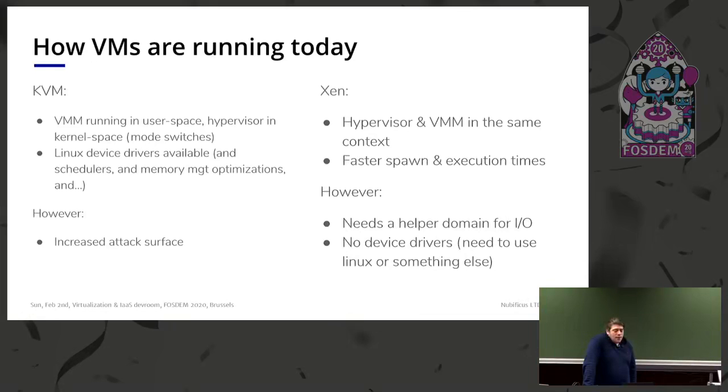On the other hand, Xen has the VMM and the hypervisor in the same context, so it's a bit faster in terms of spawning a guest, of handling the memory of the guest, and the hardware extensions for memory management. But we need a driver domain to handle device drivers to interface with the external world of the node.